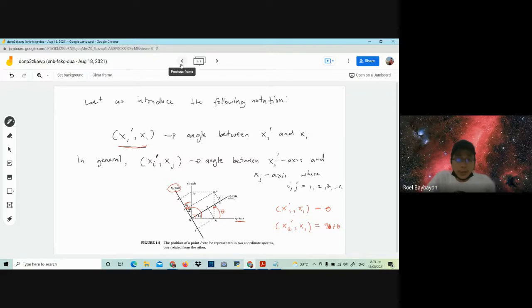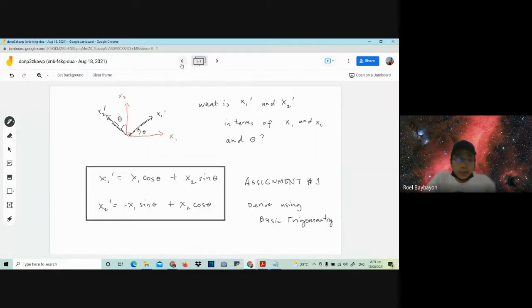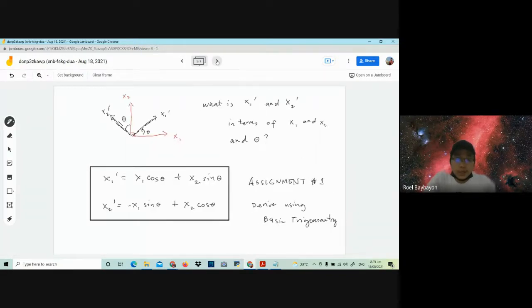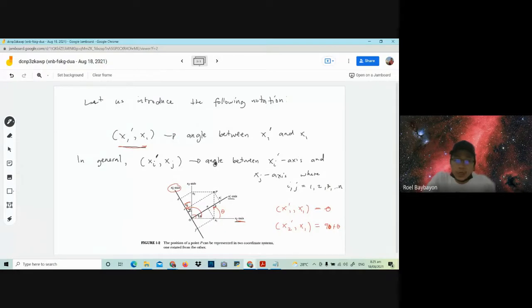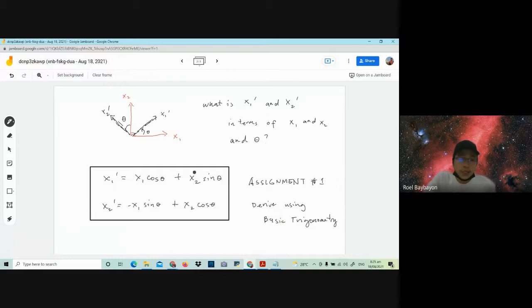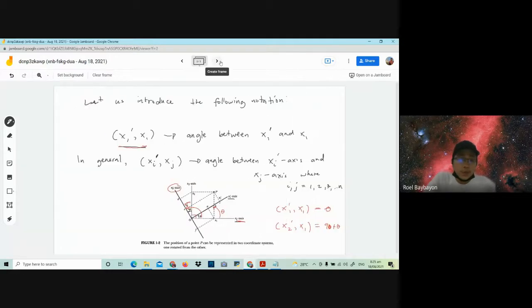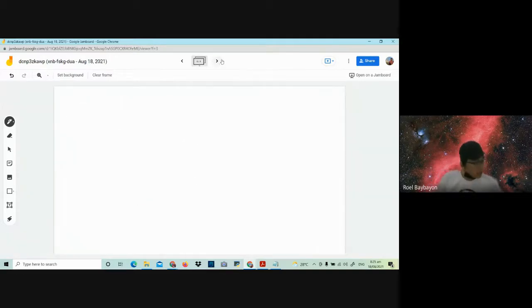So, what will happen to my coordinate transformation if we use this notation with the parentheses? What will happen to the coordinate transformation?